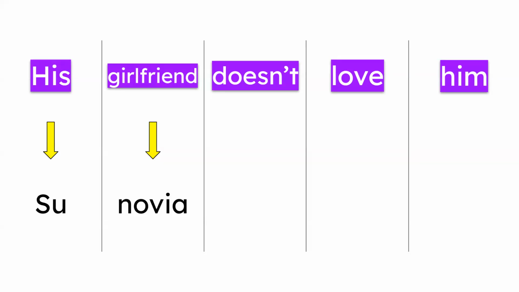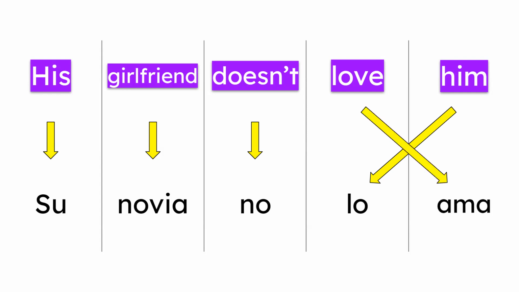Su novia. No. Just no. What comes next? Lo. Correct. No lo. The verb to love is amar, conjugated for the third person. Ella ama. Su novia no lo ama. That's so sad, but it is what it is. Okay. Now please read the whole sentence.